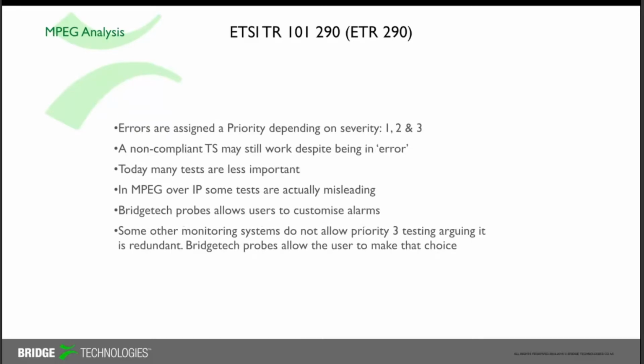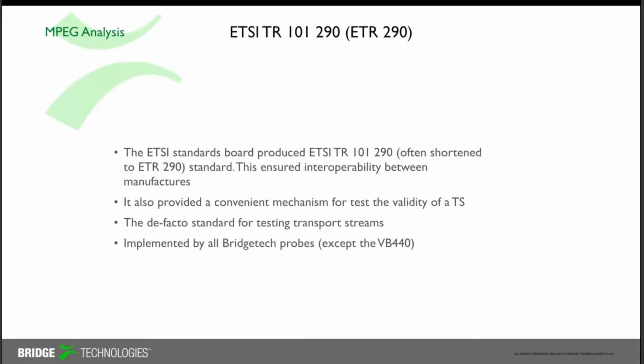So the ETSI Standards Board produced ETSI TR 101-290, and Bridgetech, along with many other people, shorten this to ETR 290. Sometimes you'll see it as ETR 101-290. It's all the same thing. So originally, it was a test for interoperability.